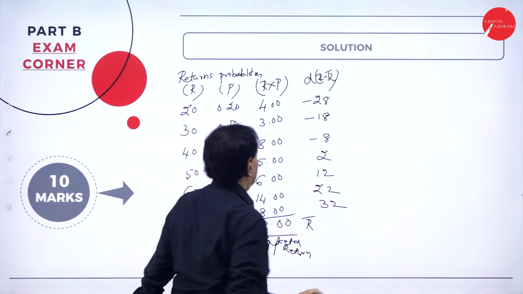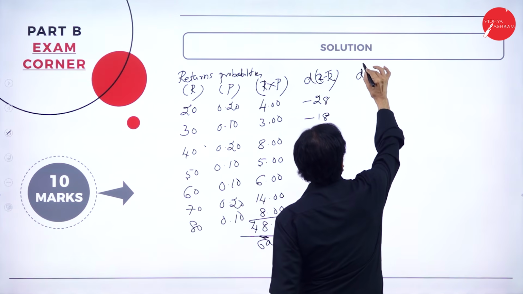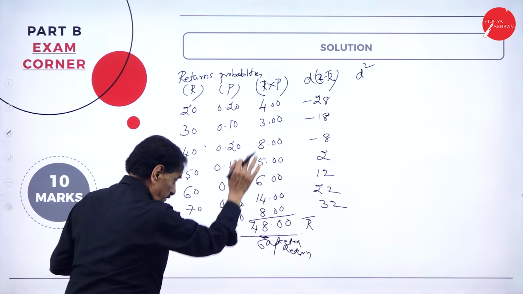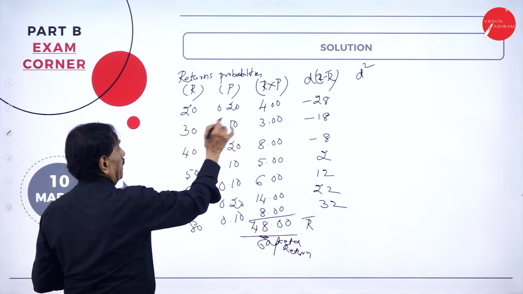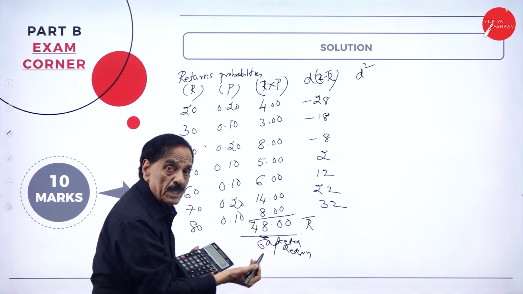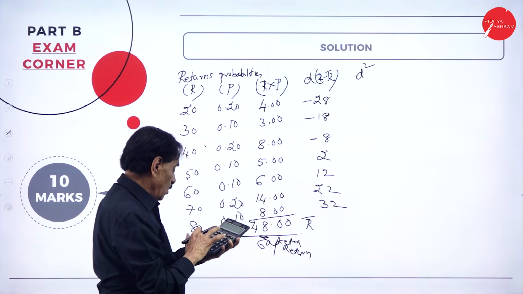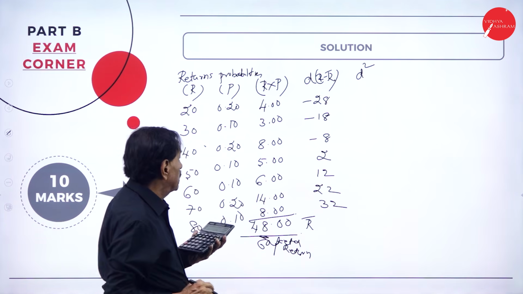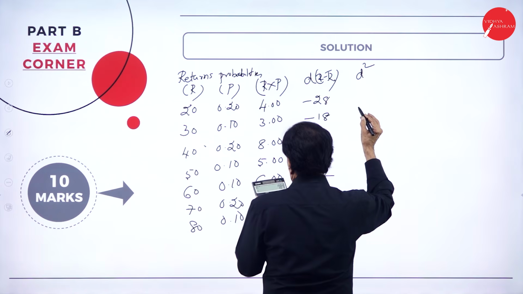So first step, multiply and find the mean, then apply d is equal to R minus R mean. Then what's the next step? D square. 28 into 28, minus into minus plus, 784.